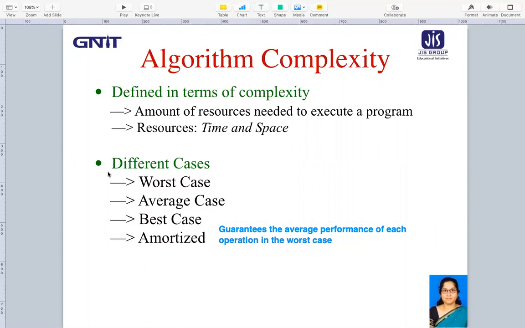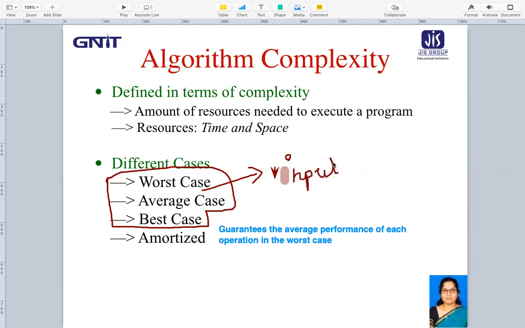So we see that these three are related. If we talk about this, the three cases are concerned about the input sequence that we are giving. So it is more of an input sequence, and this is related with the operations which are performed.